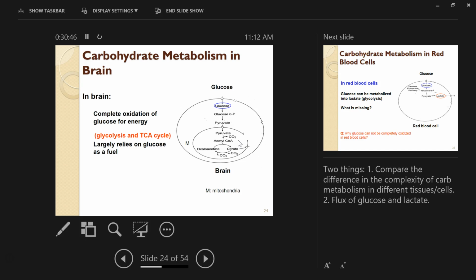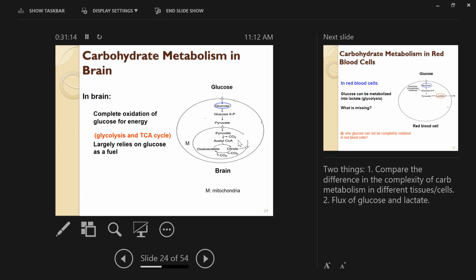Okay, brain. In the brain, the glucose metabolic pathway is relatively simple. Brain cells can just take up glucose and completely oxidize it, right, through glycolysis and the TCA cycle, completely oxidizing it to CO2 and water. And because brain cells have a lot of mitochondria, right, in the cells.